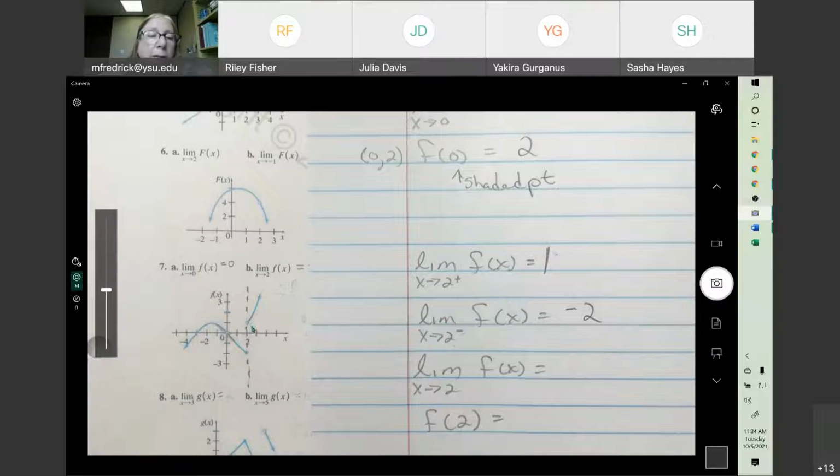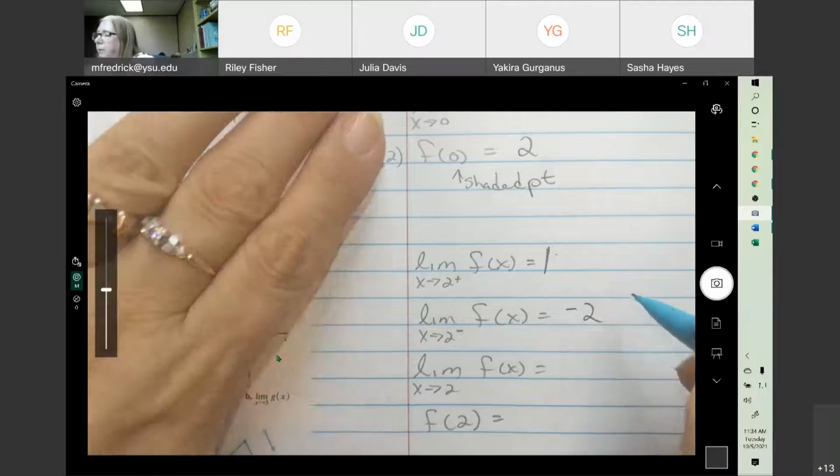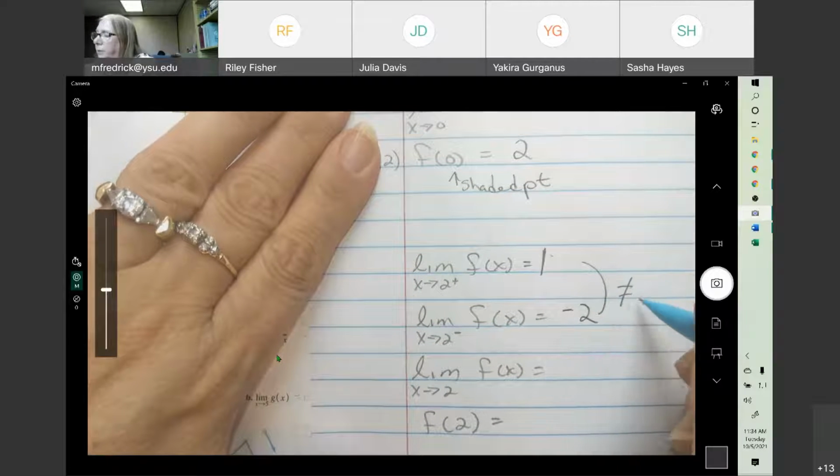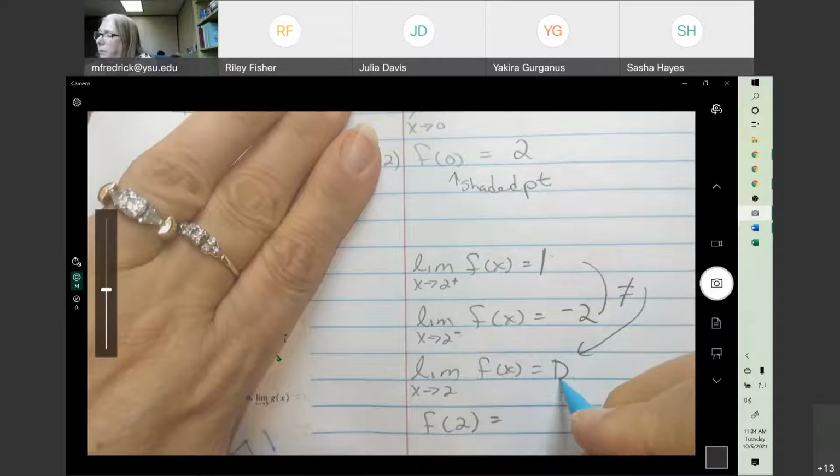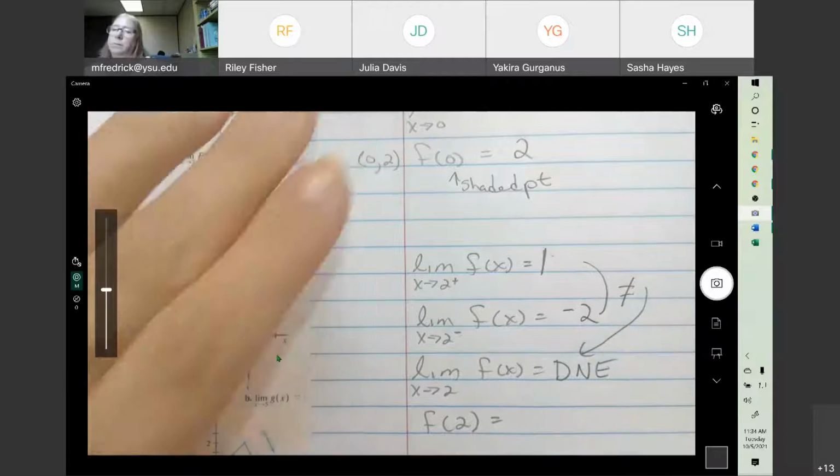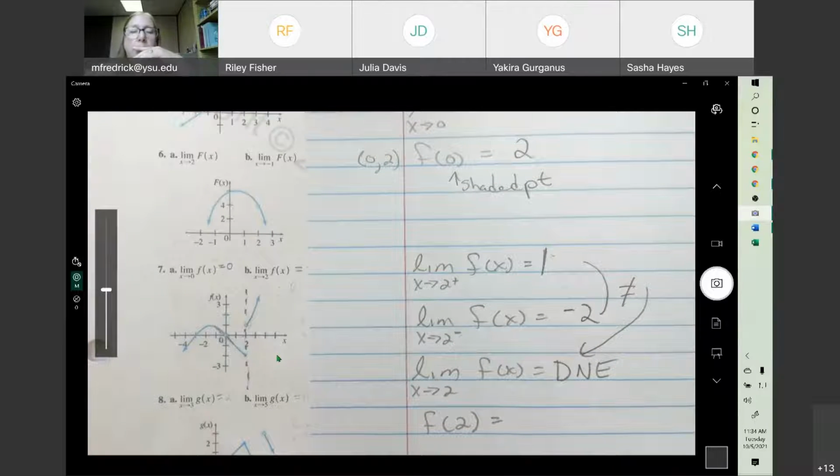So on the right, our graph went to this point, which the y value was 1, and from the left, it went to this one, which was a -2. By that theorem, these two are not equal, so this one does not exist, since we're coming in at two different spots. Any questions on that?